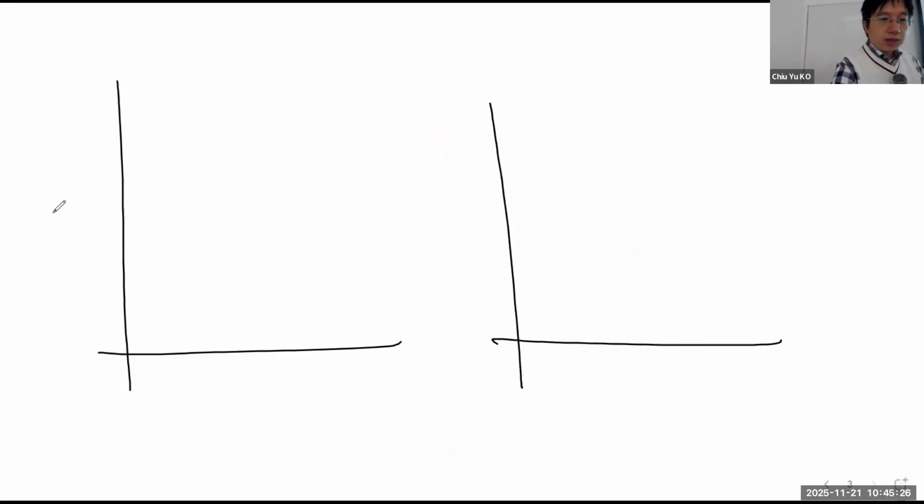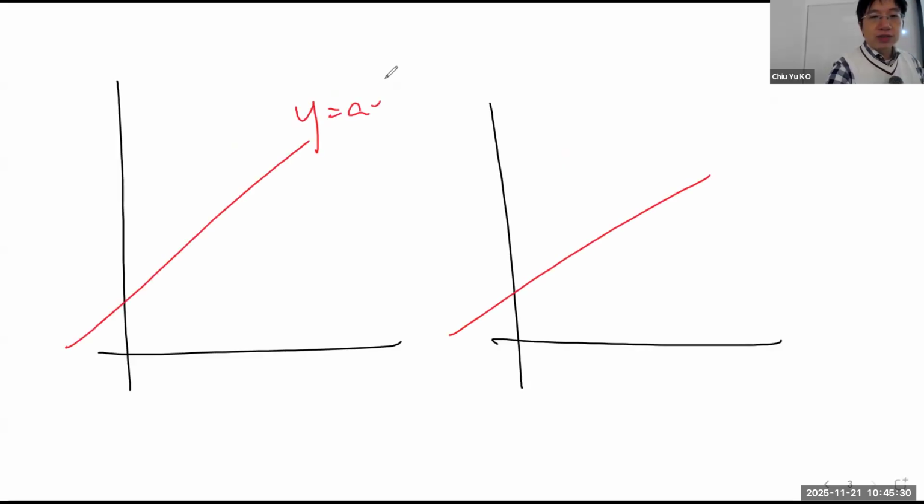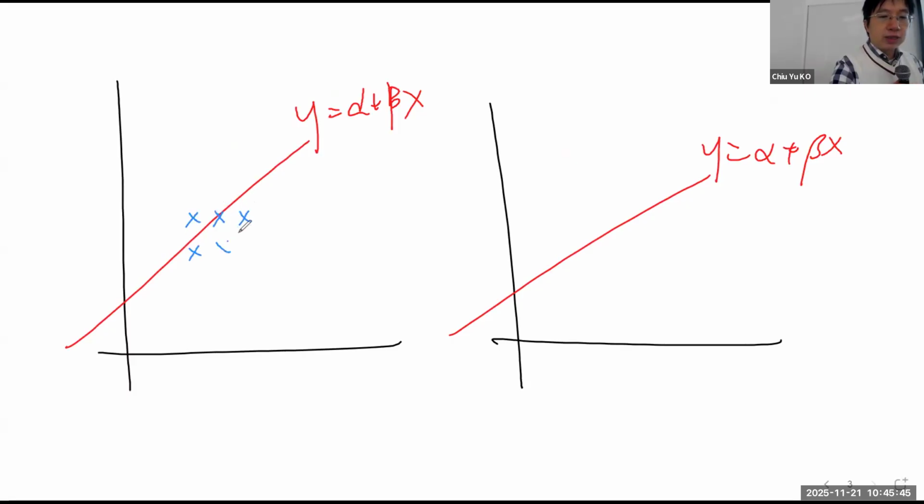So you can compare these two cases. This is the data generating process: Y equals alpha plus beta X. And if your data is somewhere here, as compared to here.